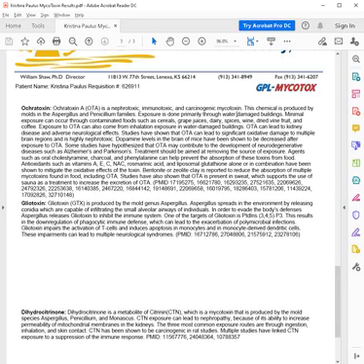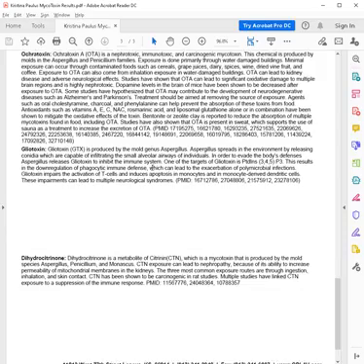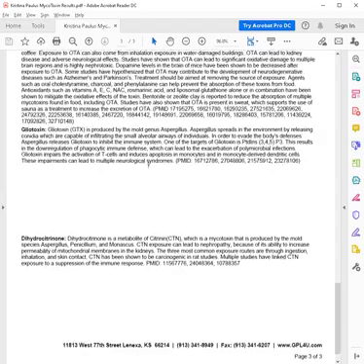And it is produced by the molds Aspergillus and Penicillium. And they go on to tell you that it's usually inhaled from a water damaged building, and it can lead to kidney disease and those kinds of things. And then they go through what you should do for treatments, and those kinds of things. And so there is page 3 of my test.